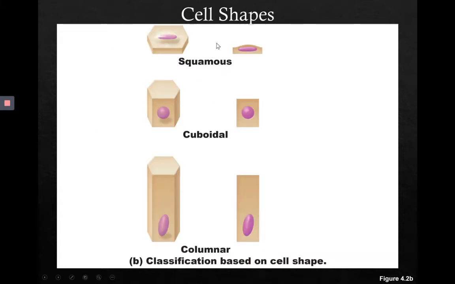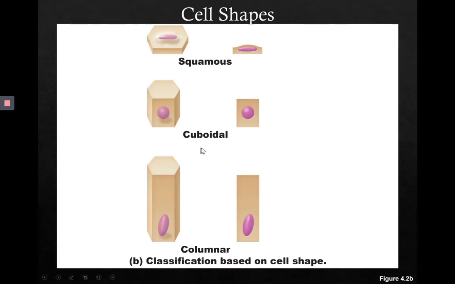So here are cell shapes. Squamous, again, is flat, almost scale-like, kind of looks like a cell pancake. Then you have cuboidal, which is cube-shaped, and columnar, which is column-shaped. Usually for squamous and cuboidal, you're going to find the nuclei in the center of the cell, not necessarily, but generally.